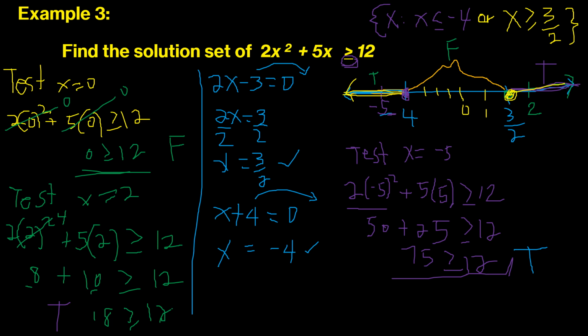So this is the answer. I read it again: the set of x such that x is less than or equal to -4 or x is greater than or equal to 3/2, as shown in this number line here.